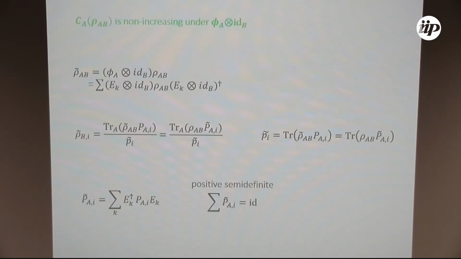But I can also think about it as the initial state with a different element of POVM, which is this one here. It's the same Kraus operators, but applied now to the element of the POVM, which is kind of evolving the elements of the POVM instead of evolving the state.